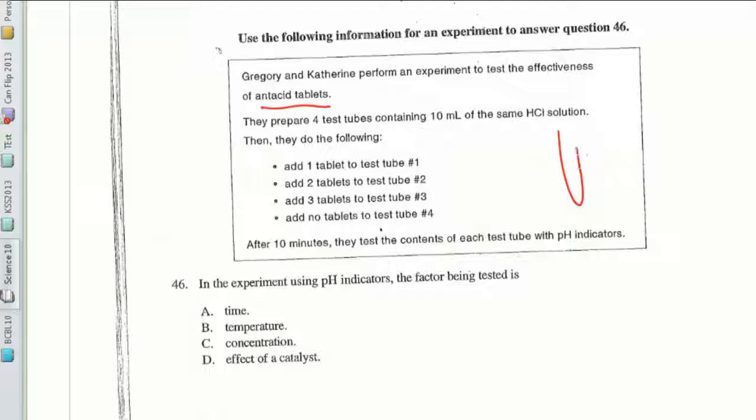So if I have a test tube with HCl in it, and I add an antacid, that's going to be like a base. So we could go like sodium hydroxide. So it's going to neutralize the acid. So theoretically, the concentration of acid should be lower here, even lower here, and there should be no change there.